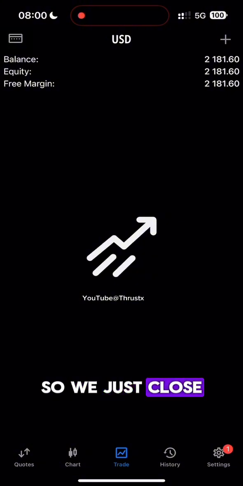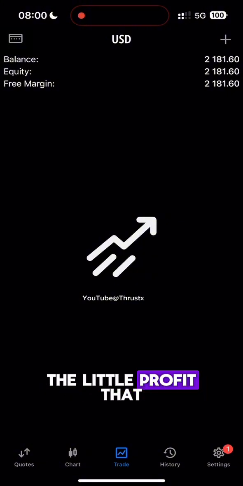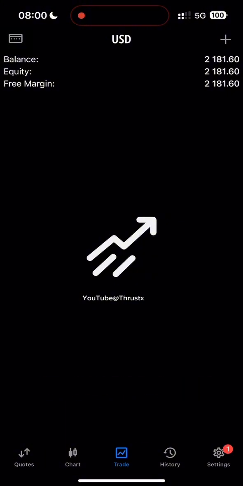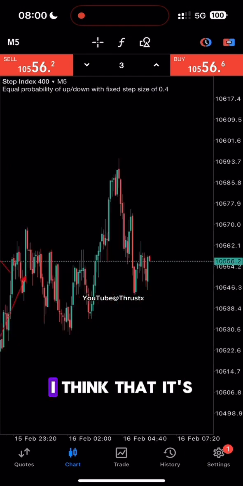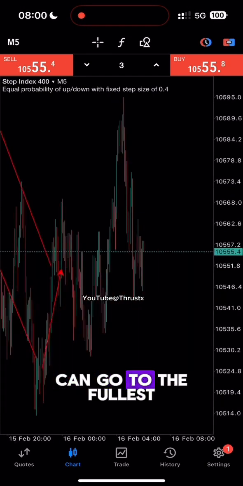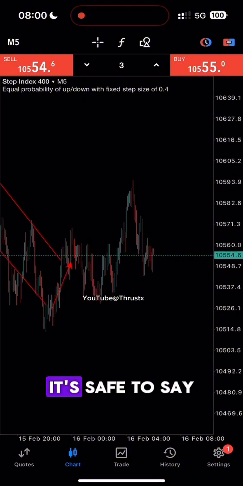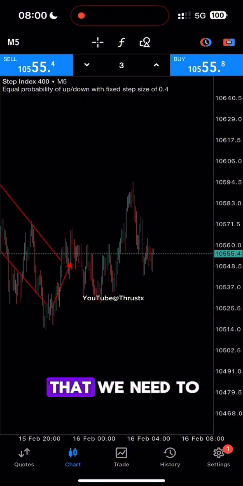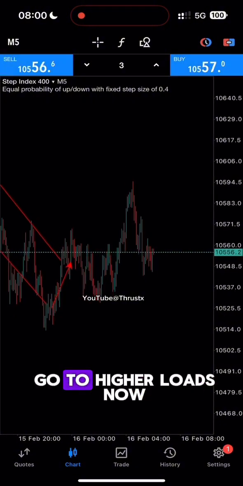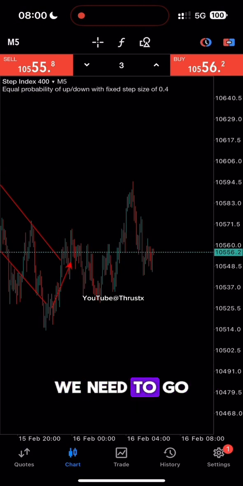So we just closed the little profit that we have for now. So now we're in 2.1. I think it's safe to say we need to go to higher lots now.